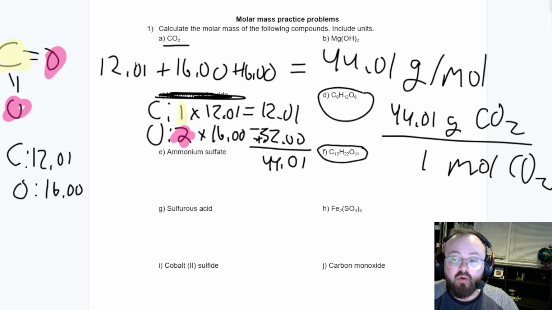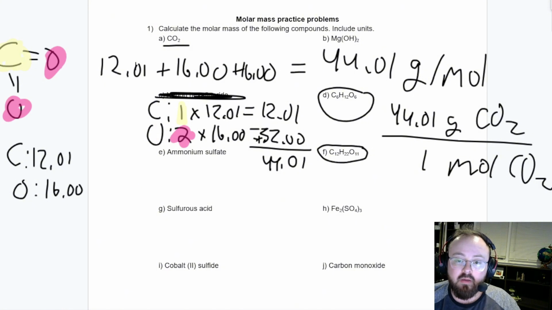It is a way to go from mass, how heavy something is, to moles, how many of them you have. It is a way to compare: if I have 5 pounds of feathers and 5 pounds of iron, how much, counting-wise, do I have between them? If I have 5 apples and 5 oranges, I have the same amount of them, but which one weighs more? That is what the molar mass is used for.